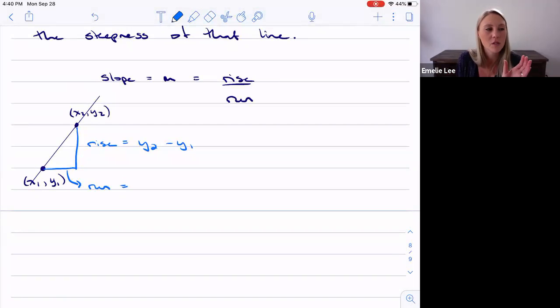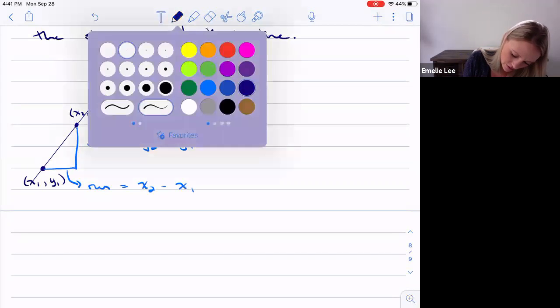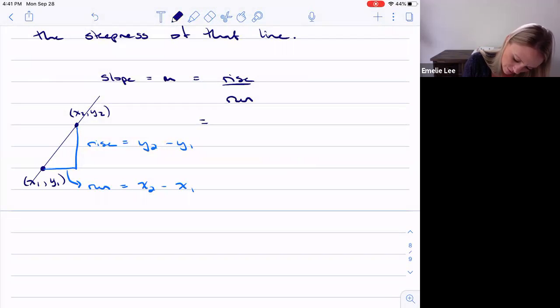The distance between x1 and x2 is going to be x2 minus x1. So if I have rise over run, really what I'm saying is that I have y2 minus y1 over x2 minus x1.